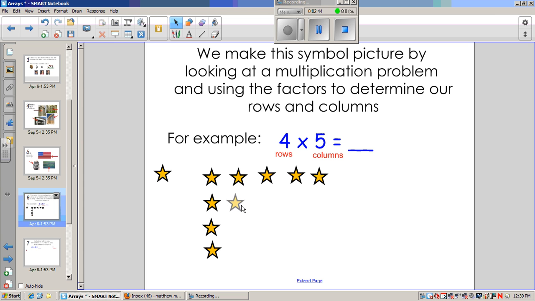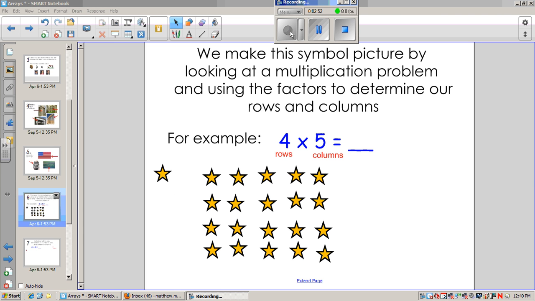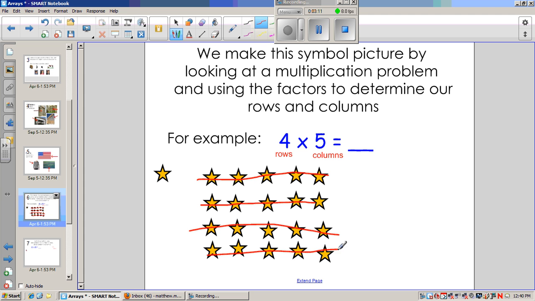So I want to make sure there's 4 rows, and in each row there's going to be 5 stars. And you'll notice by magic, suddenly I have 4 rows, and in each of these rows there's 5 stars. So 5 columns are going up and down. If I were to draw a line, that might help you here. So here's my 4 rows, 1, 2, 3, 4, and then there's 5 columns, 1, 2, 3, 4, 5.